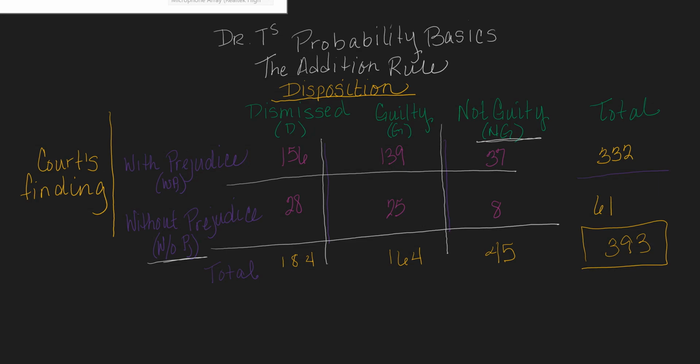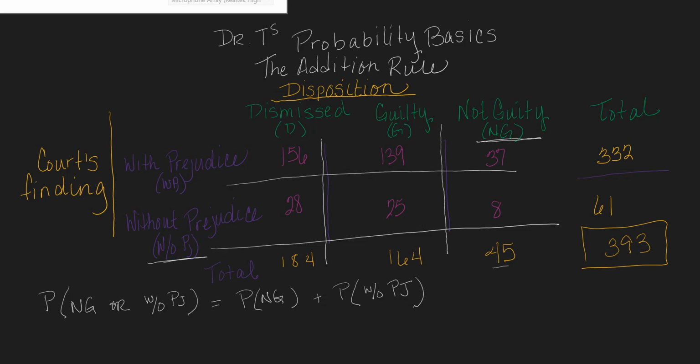Let's do an or for this one. We can go ahead and set this up the way we did in our previous example. The probability of not guilty or without prejudice is equal to the probability of not guilty plus the probability of without prejudice.